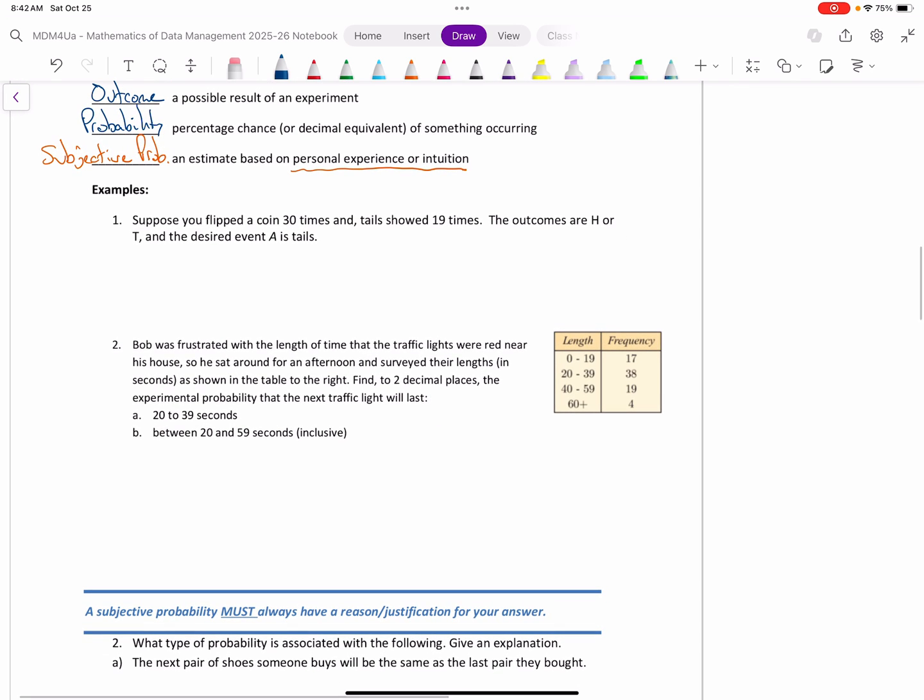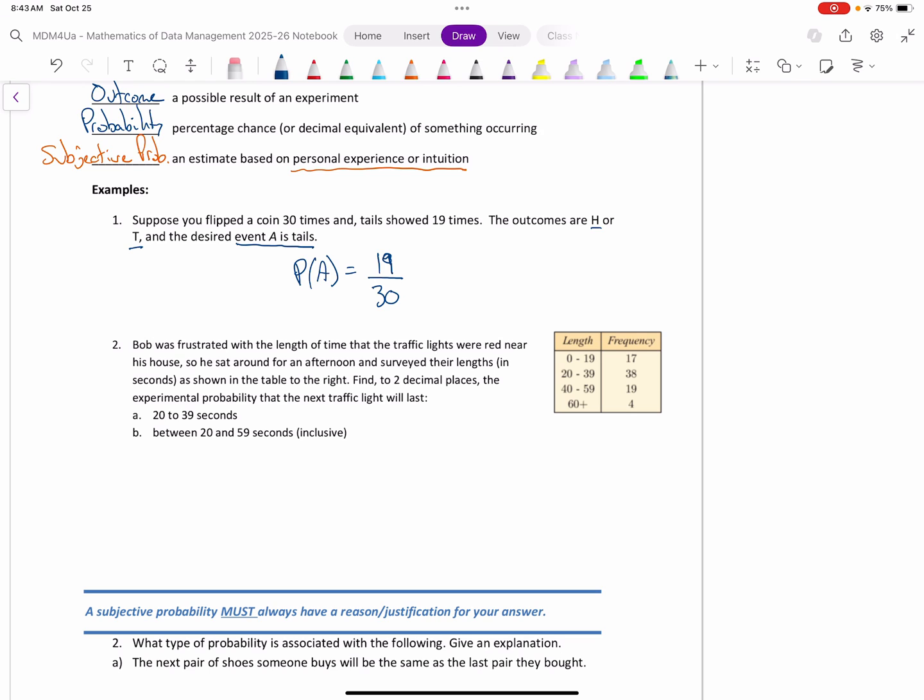So let's take a couple examples with experimental probability. It says, suppose you flipped a coin 30 times and tails showed 19 times. The outcomes are H for heads and T for tails. And let's say the desired event A is tails. So I would write the probability of A, and then I would take the total number of ways it occurred, which in this case was 19, and divide by the total number of trials, which is 30.